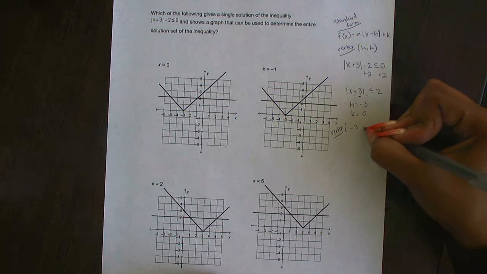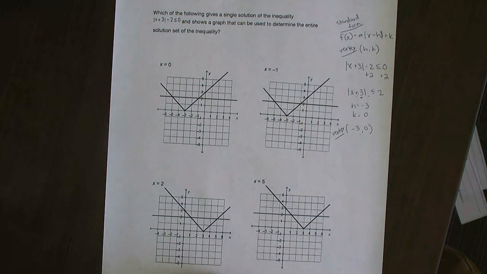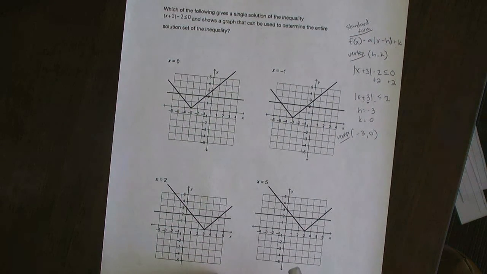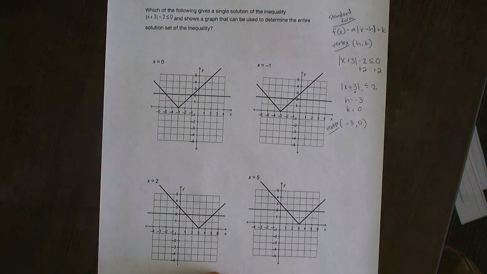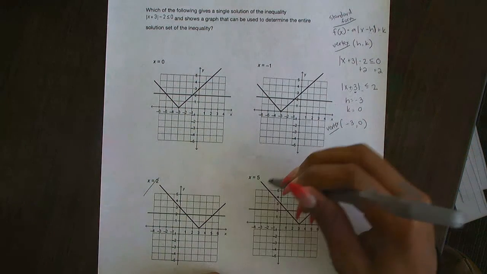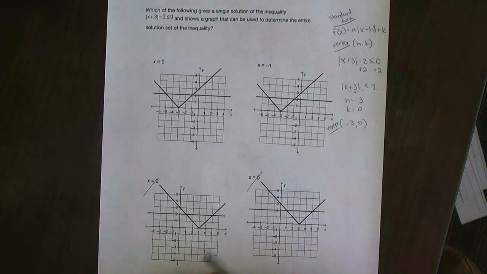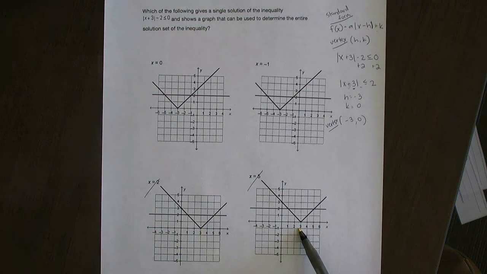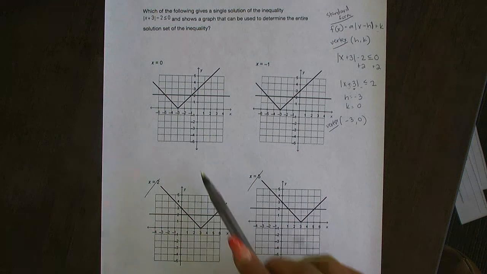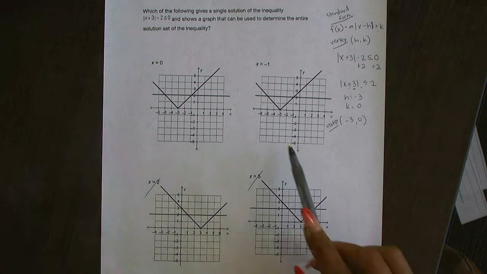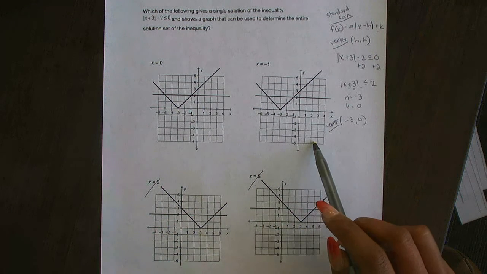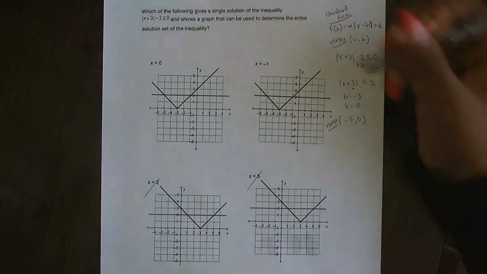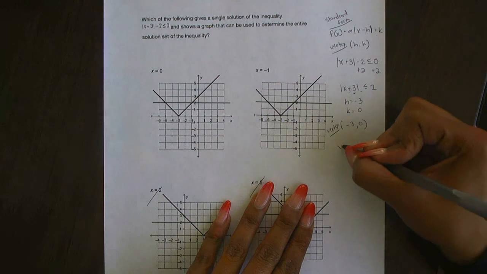So then looking at the graph options, I can already go ahead and cancel out this graph and this graph because I see here that I have vertex values at positive 3, 0. So now I just need to look and see what would be my solution sets here. For the first graph, they went ahead and graphed the absolute value of x plus 3.